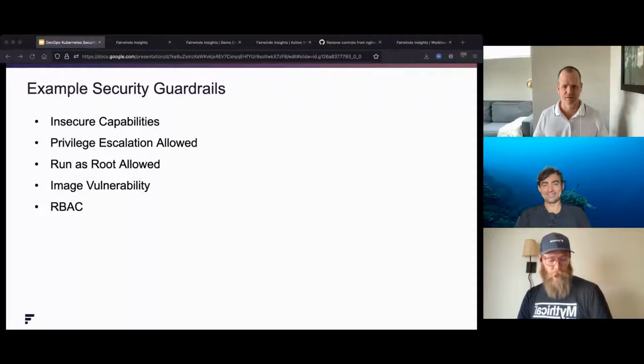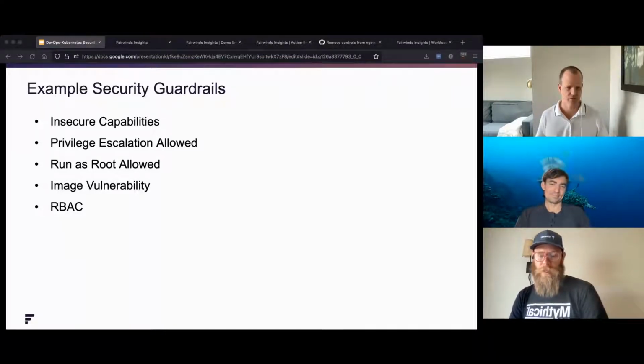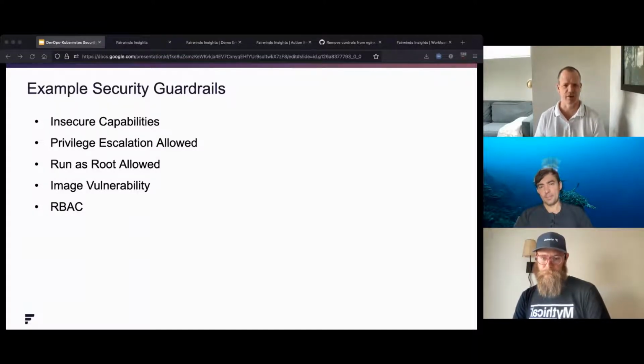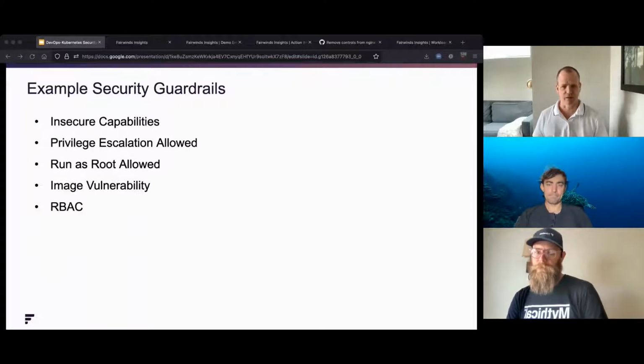We have one more example guardrail, role-based access controls, and Ivan, do you want to take that one? Yeah, sure. So this is kind of a big general one, but role-based access control is essentially the permissions framework that you can grant access to Kubernetes, either to humans or to workloads that are running in Kubernetes. So there's a lot of things that we can check here, but some high level pieces that we find are particularly valuable for customers with respect to guardrails are, don't grant the quote unquote systems admin permissions to people in your cluster.